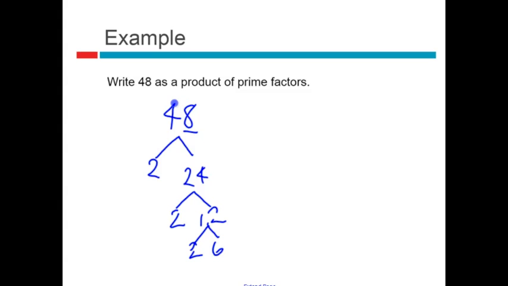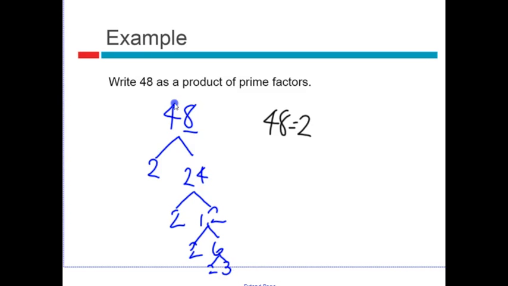And 6 is also even: 2 times 3. So I can rewrite 48 as 2 times 2 times 2 times 2 times 3. And that's the prime factorization.